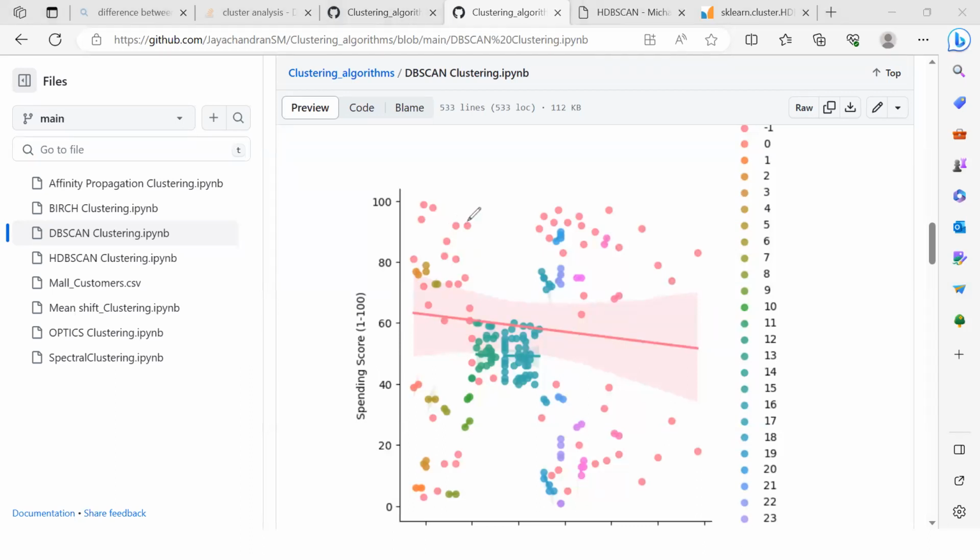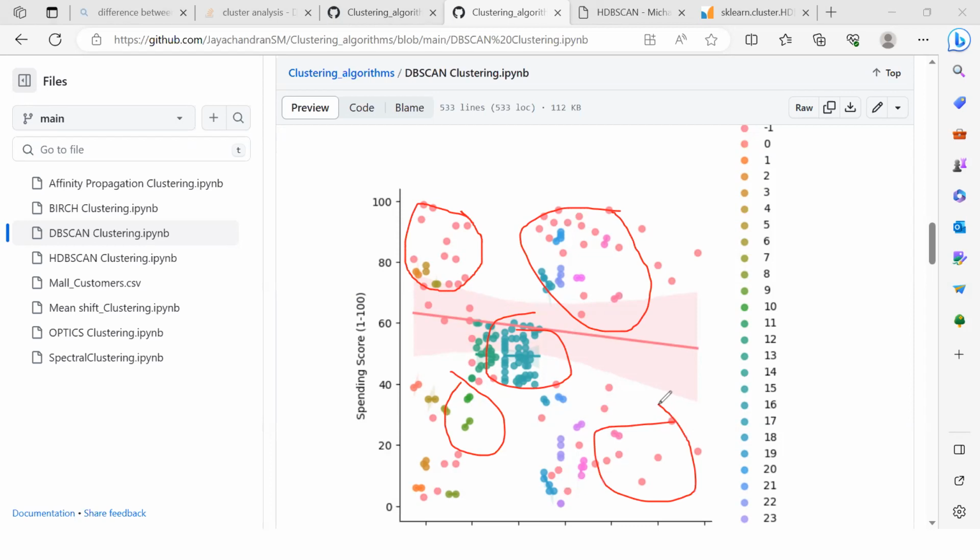So what it does is it creates clusters here, here, here, here, here. Basically, it will create a cluster based upon the EPS value and the minimum data points which we need to plot. Based on that, it will identify the data set, and whatever goes beyond these data points is considered to be an outlier.